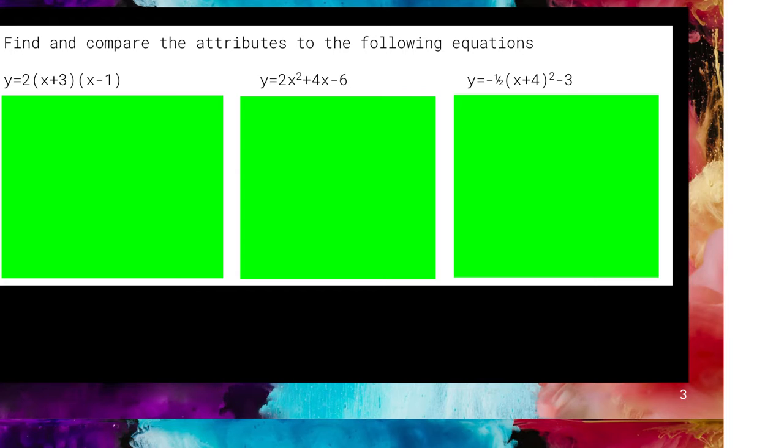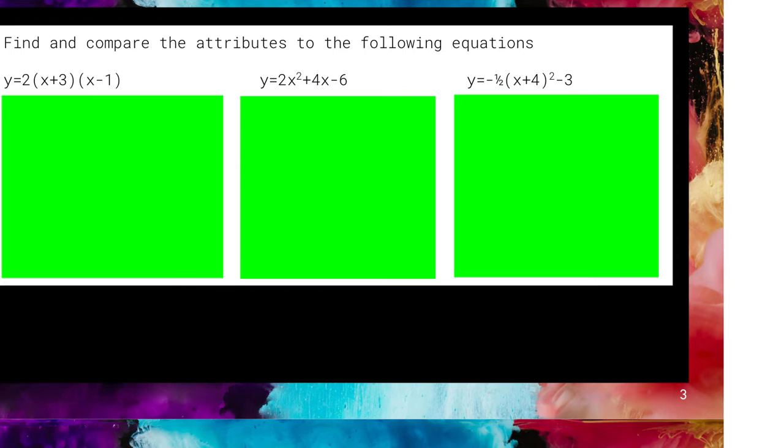But an easier way to do it is if you type this into Desmos and just analyze the graph, you'll be able to find everything: the axis of symmetry, the vertex, the roots, the x-intercepts, which is all the same thing. It's easier to see the domain, the range, and whatnot. So that's what I'm going to be doing. So I'm going to go ahead and type this into Desmos, and I suggest you do the same, and let's see if we get the same thing.